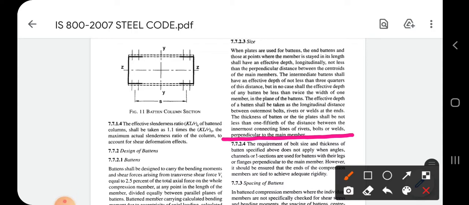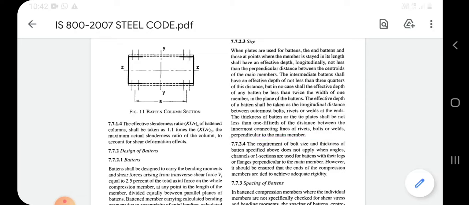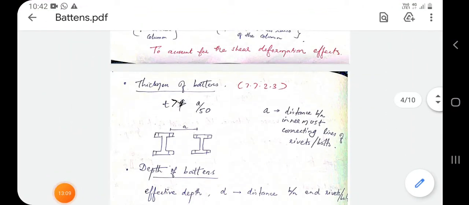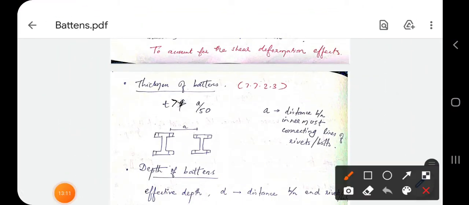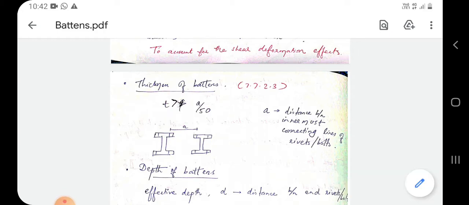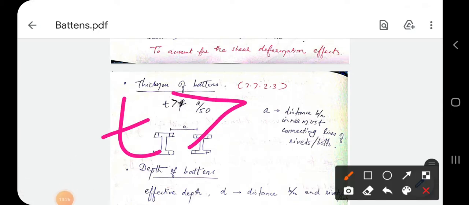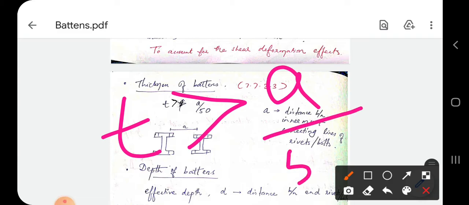We have already told this before. A means the distance between the innermost connecting bolts, and thickness should not be less than A by 50. That is, the thickness of the plate should always be more than A by 50.